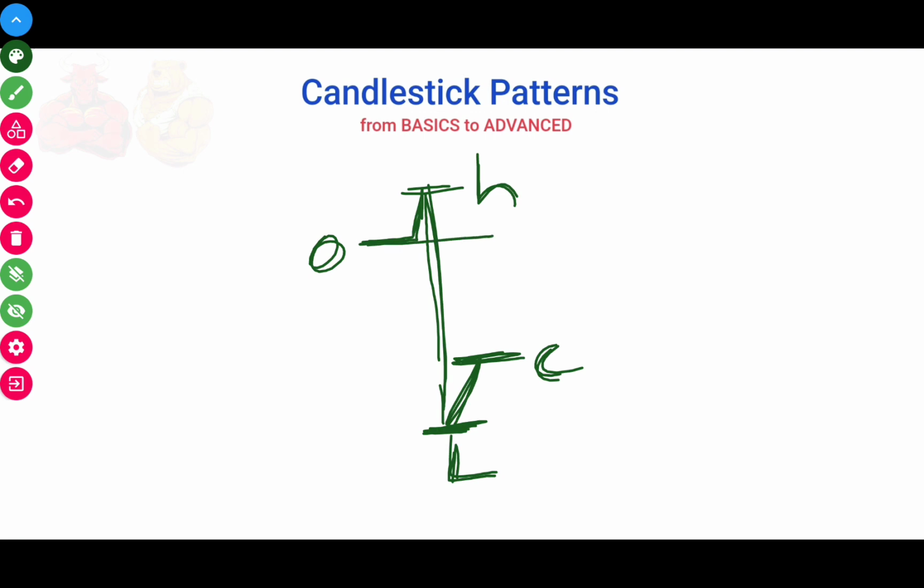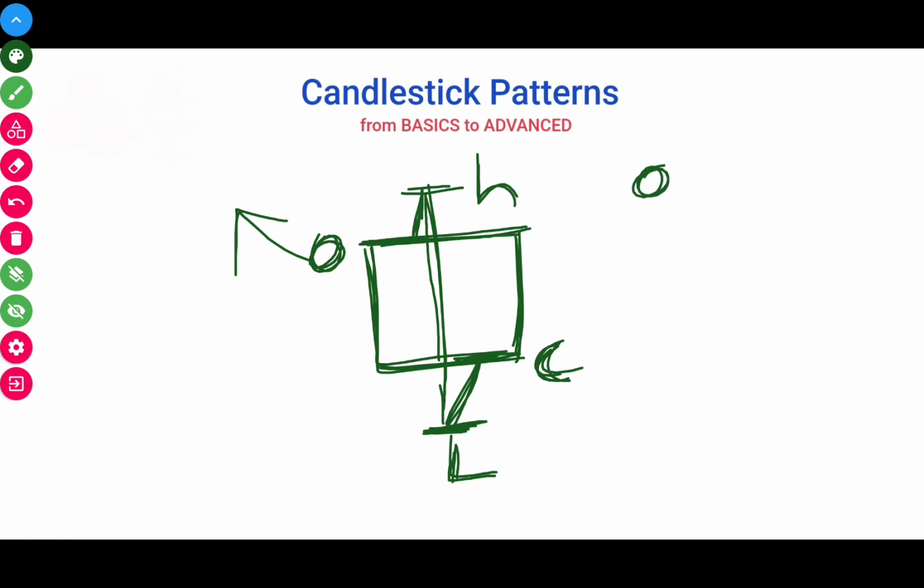So we mark this area, and here it forms a candle which is a bearish candle. How do we know it is a bearish candle? Because the opening price is above the closing price, which means it opened here and closed here, which means the market is falling down, which means it's a bear market.